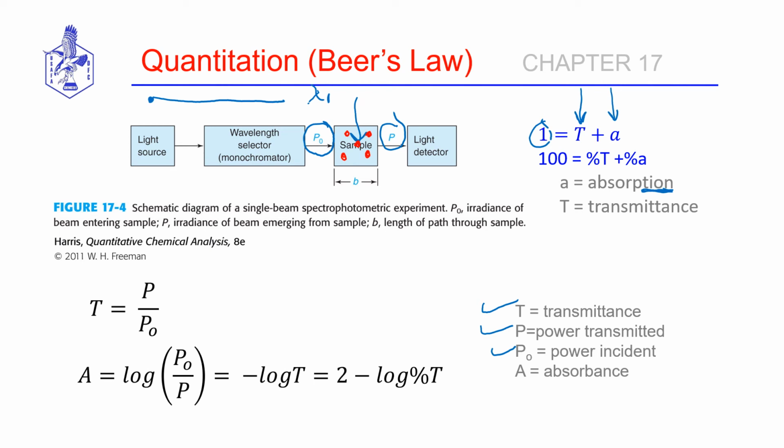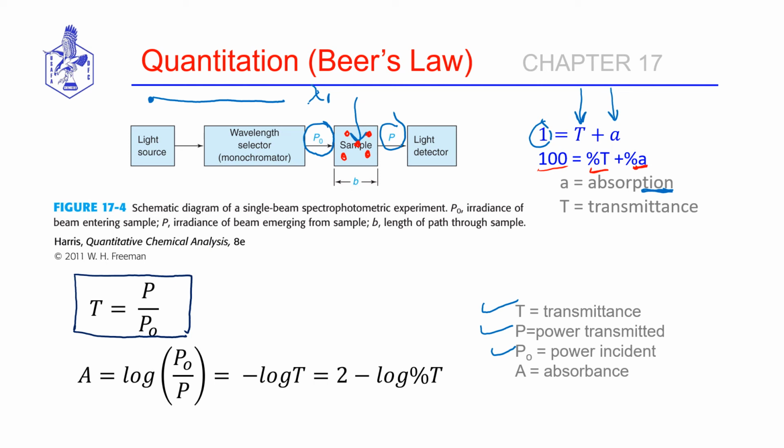So the transmittance and the absorption have to add to 1, or if you wish to work in percentages, percent transmittance plus percent absorption have to add to 100. We define transmittance as the power of the light that gets through divided by the power of the incident radiation if no sample was present.